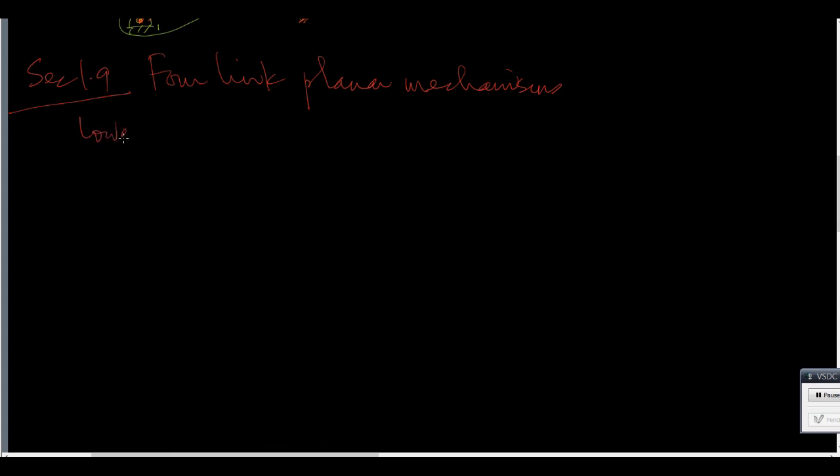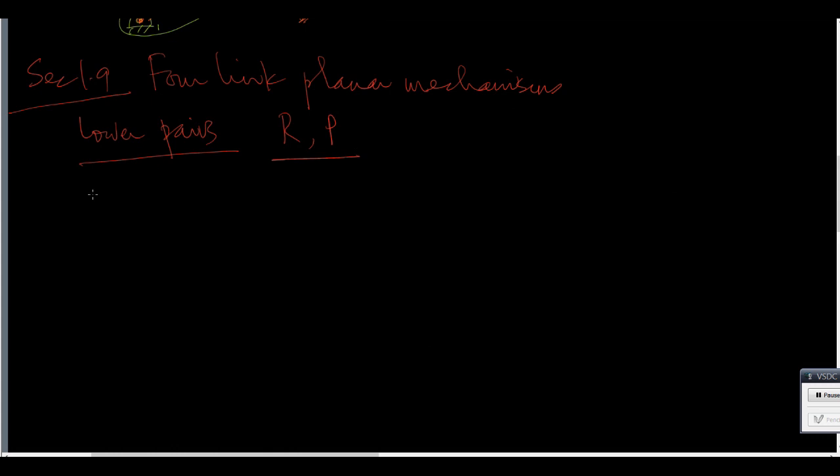This is section 1.9. We are going to look at lower pairs only, which for us are revolute and prismatic.